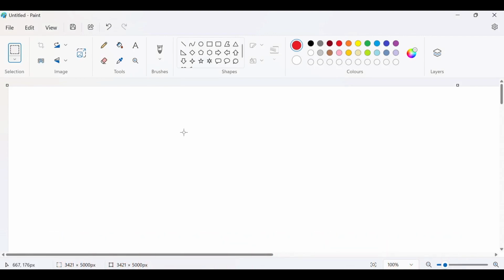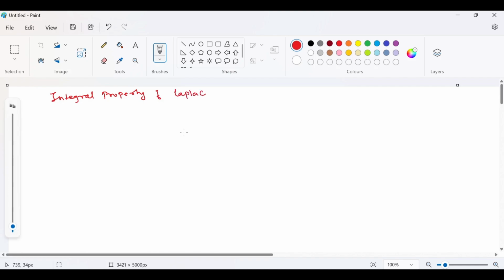So, in today's session, we are going to discuss the next property, that is the integral property of Laplace, right? So, what we have to prove?